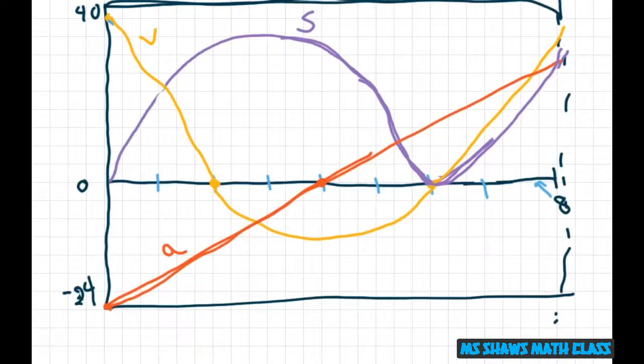And then I looked at my y-intercepts for the other two. My particle graph is here, my position graph. And I just sketched the graph. The main thing is I had to look at my y-intercepts, and then for your x window, you're going from 0 to 8. And that's it.